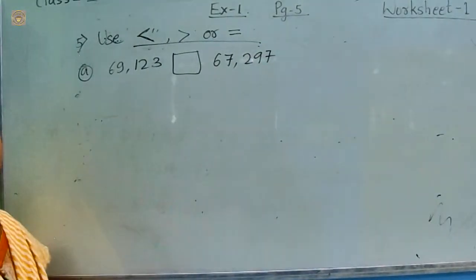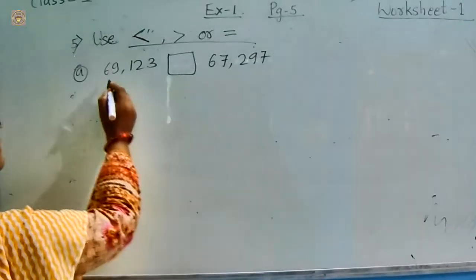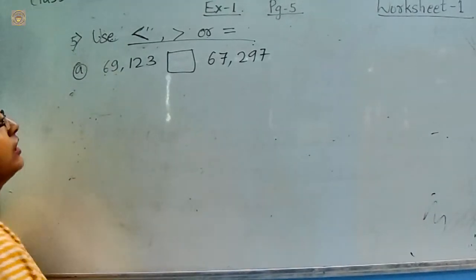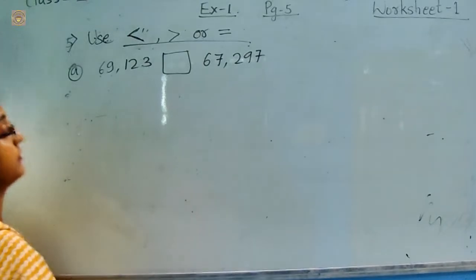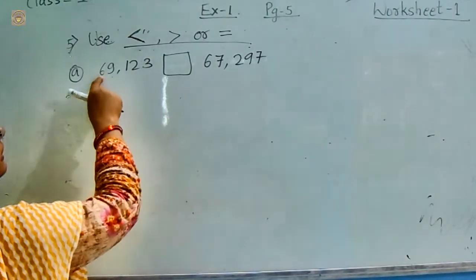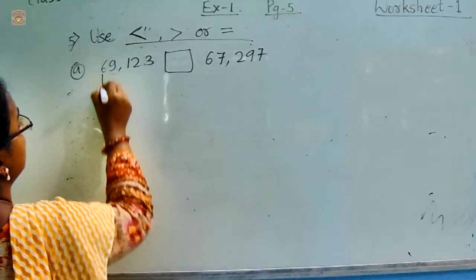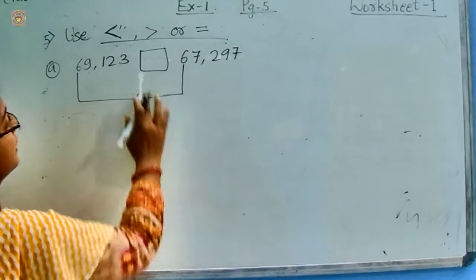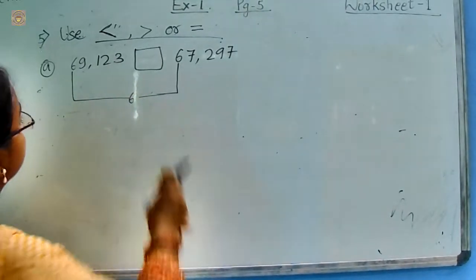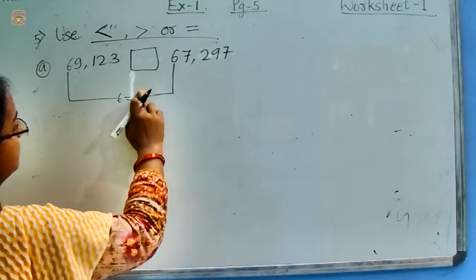Here now we will compare these two numbers with a similar process, looking at the place value and the base value itself. Here at the 10,000 position, there is 6 and there is also 6. This is similar, we can write 6 equal to 6.